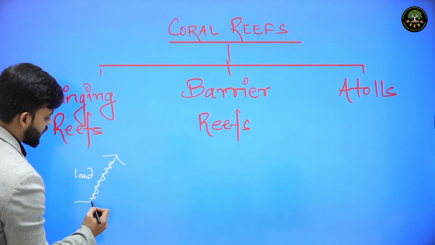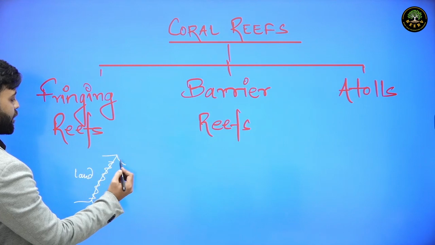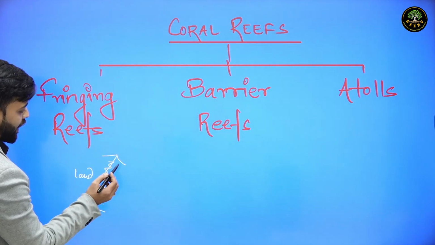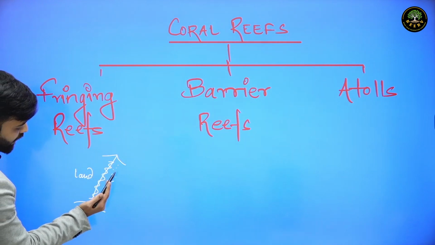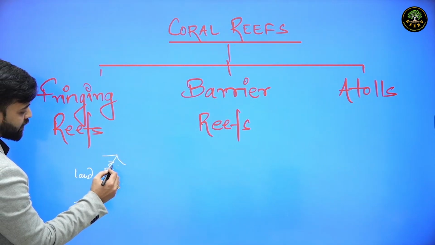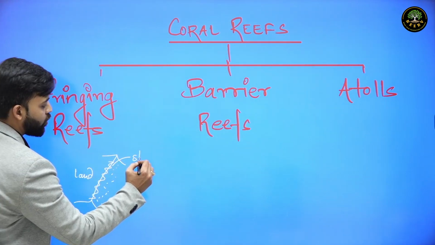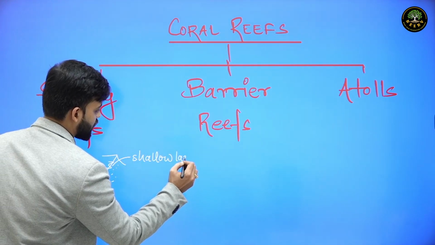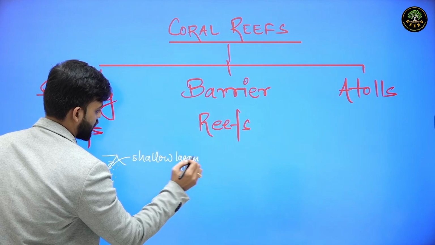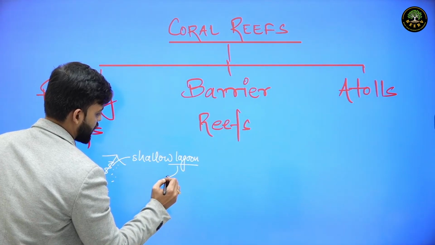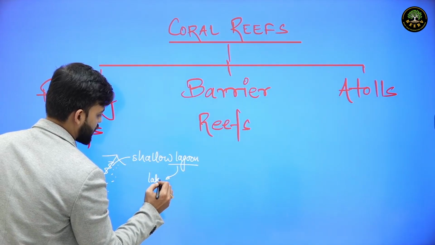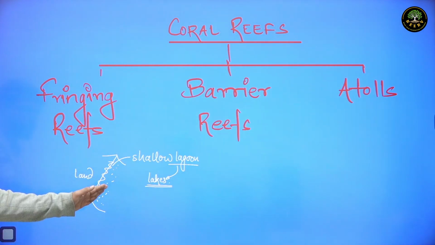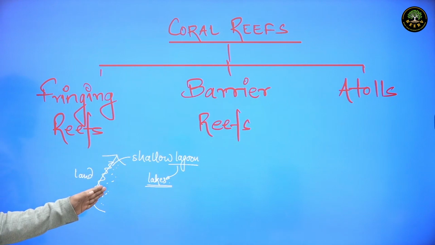Along the continental shelf, reefs will be formed. And in between this coast and the fringing reefs, there will be a shallow lagoon. Lagoon is basically saltwater lakes. So these are fringing reefs. They are not far away from the coasts.